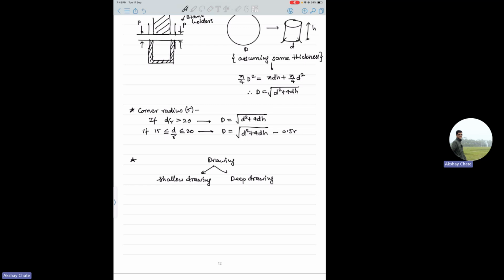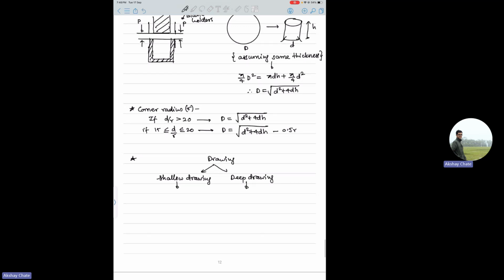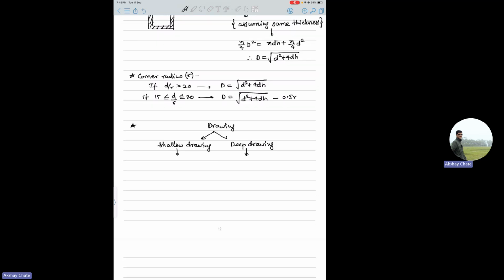And how you bifurcate between these two is, if h by d is less than 0.5, it is a shallow drawing. But if h by d is greater than 0.5, it is deep drawing. So basically, you have heights higher than the diameter. So this is there.